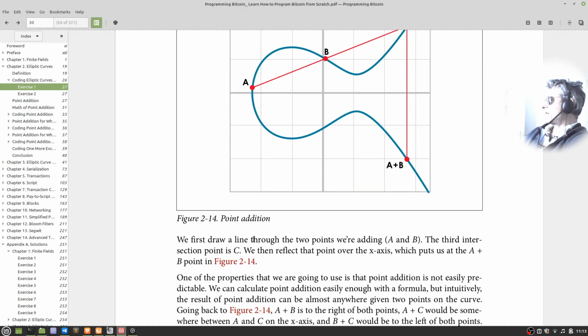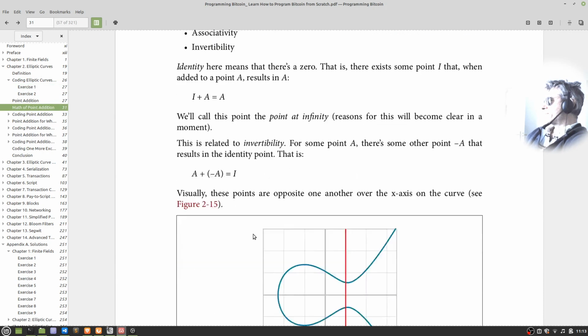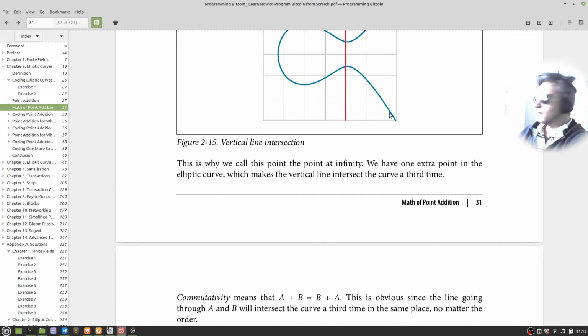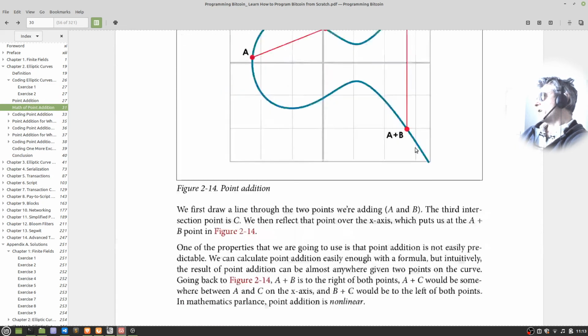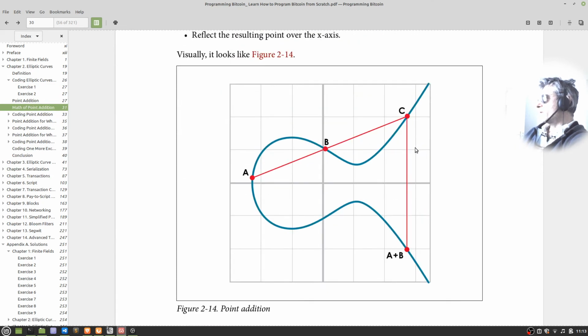So point addition. A lot more reading to do so far, but I just thought I would clear up the division, which is, as we read, not quite as straightforward as addition, subtraction, multiplication.